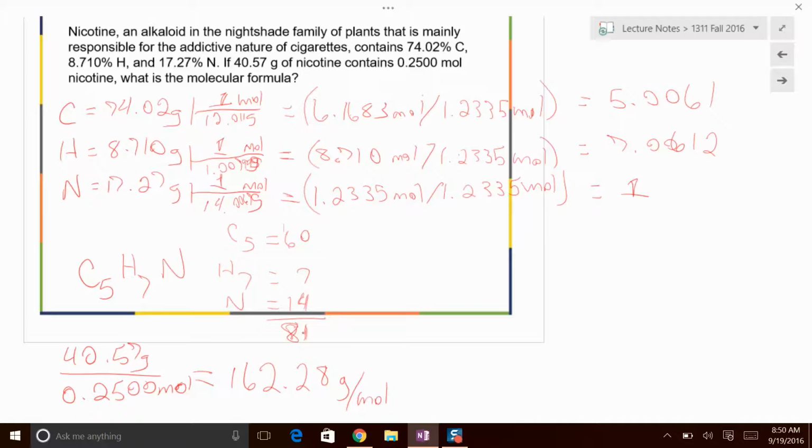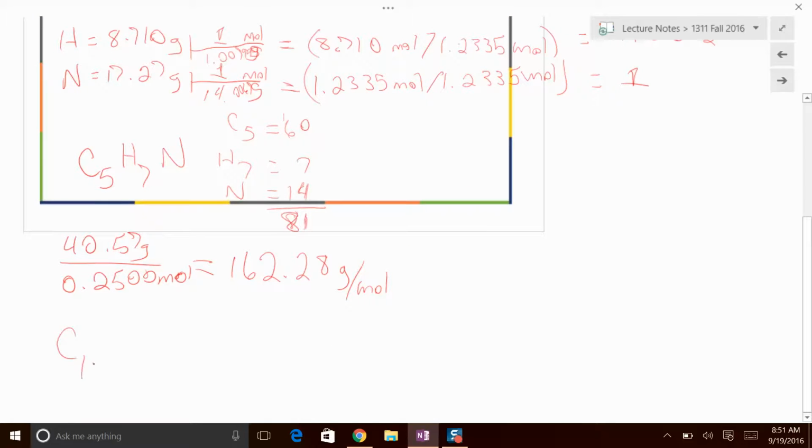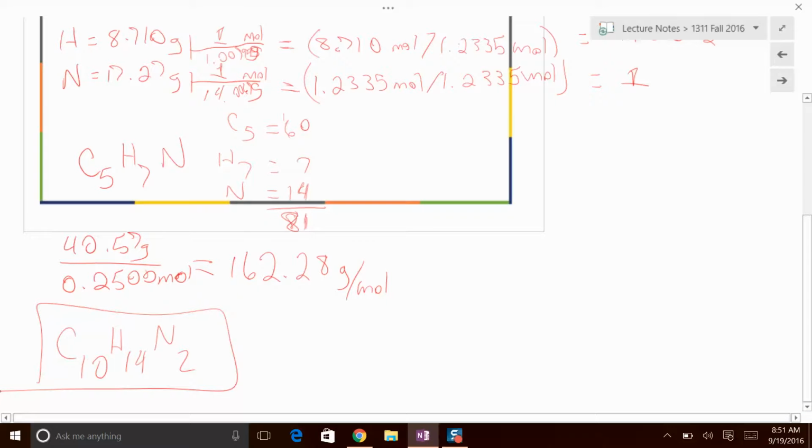So we're going to take this C5H7N and we're going to multiply everything by 2. C10H14N2 is the molecular formula for this compound. Because this divided by 81 equals 2. And so I need to multiply everything by 2. C10H14N2.